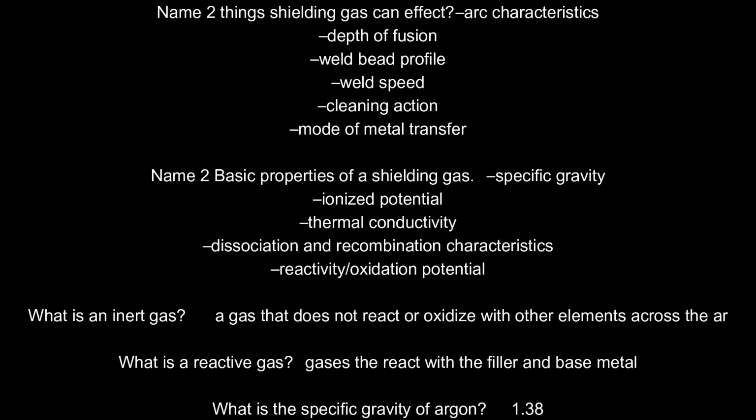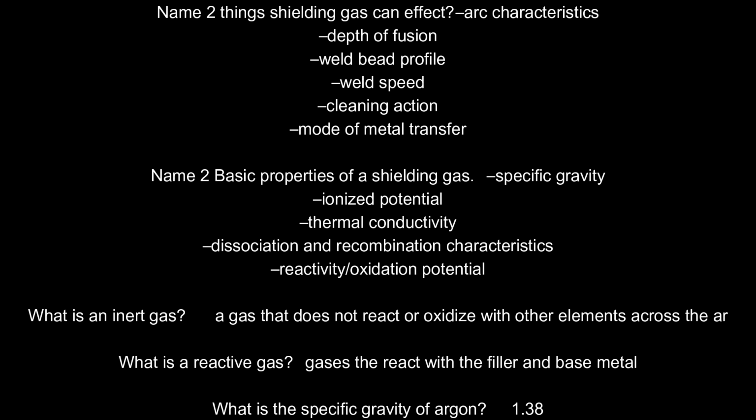Name 2 things shielding gas can affect. Arc characteristics, depth of fusion, weld bead profile, weld speed, cleaning action, mode of metal transfer. Name 2 basic properties of a shielding gas.